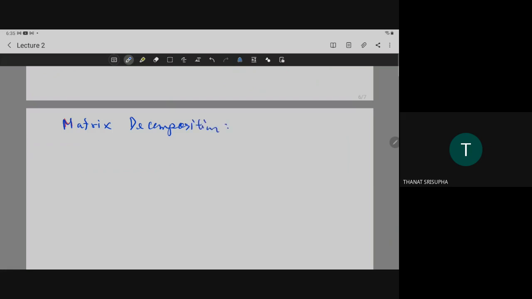Why do we need to do decomposition? Well, there are various benefits of doing the decomposition.